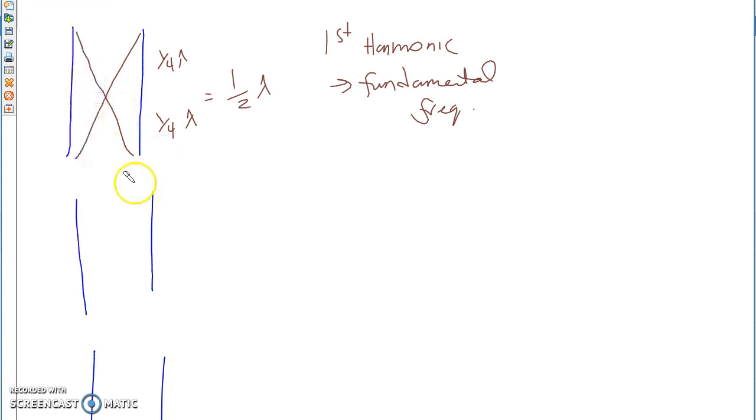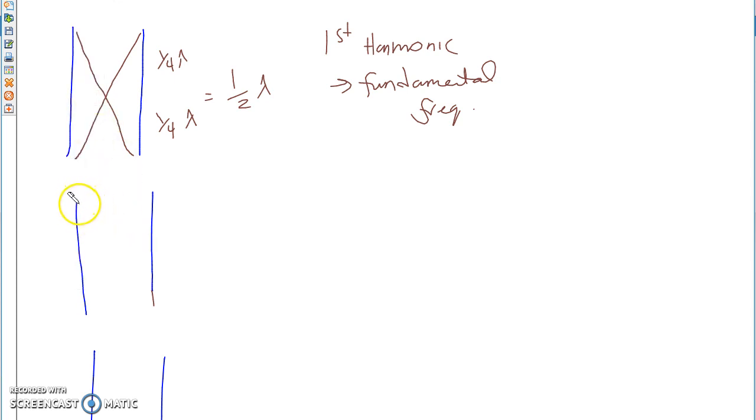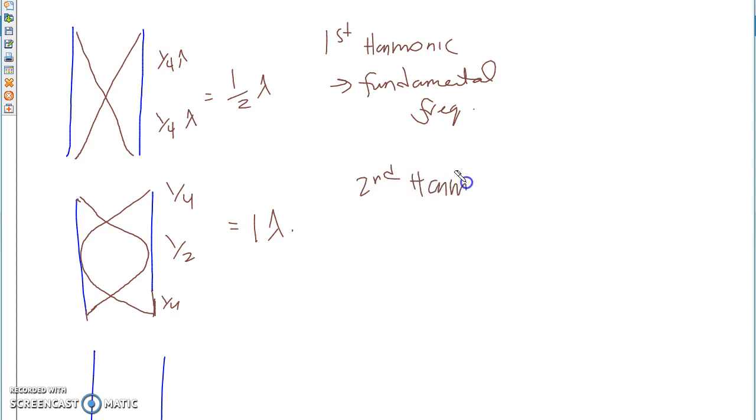So the next one is 1/4, half, 1/4, which gives you 1 lambda. It goes up by half a lambda. Second harmonic, also known as the first overtone.